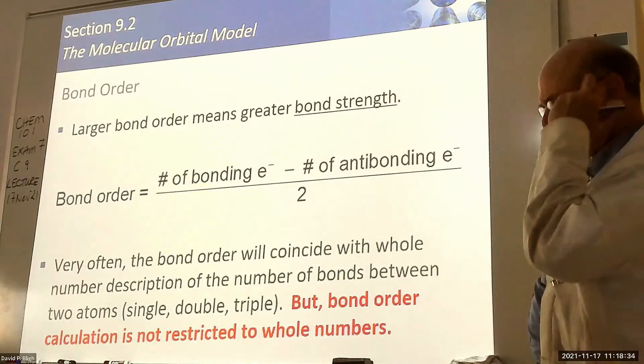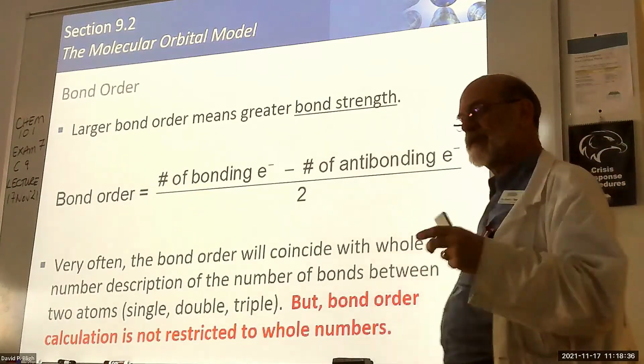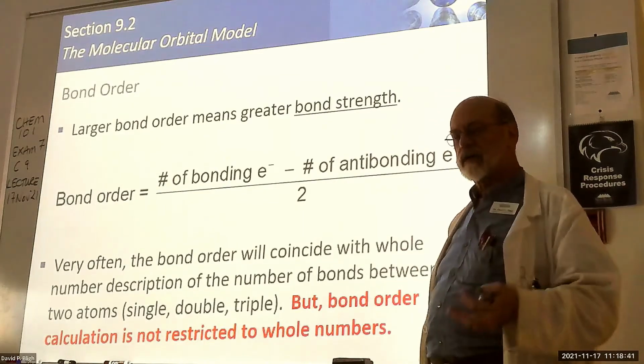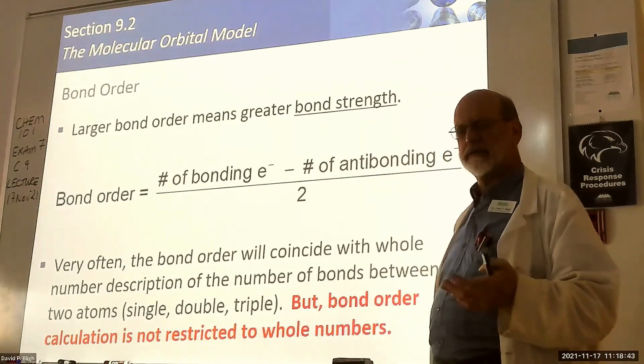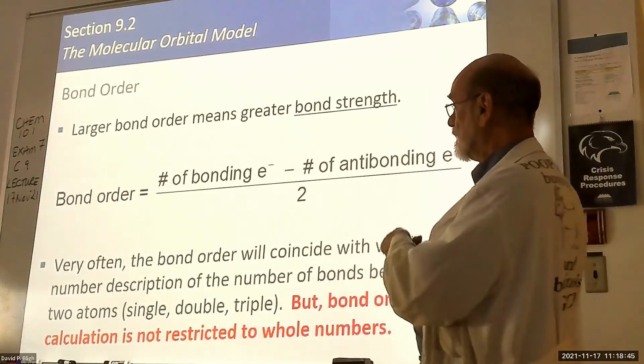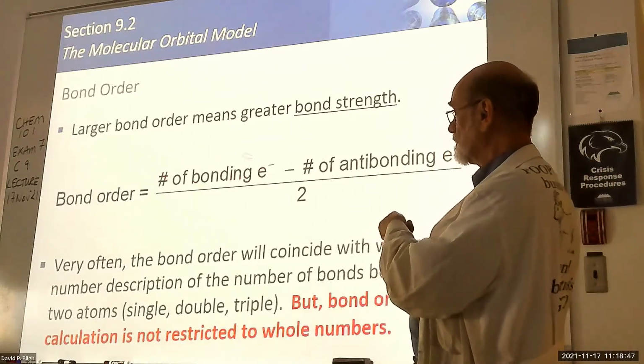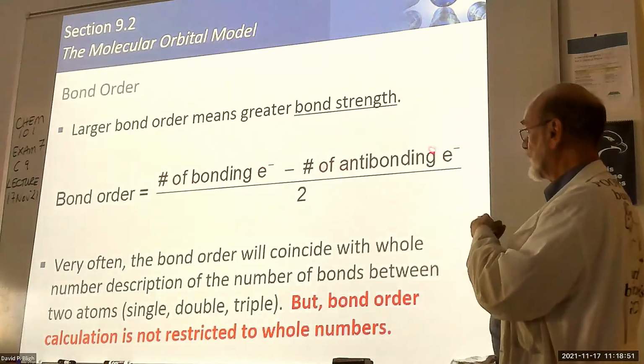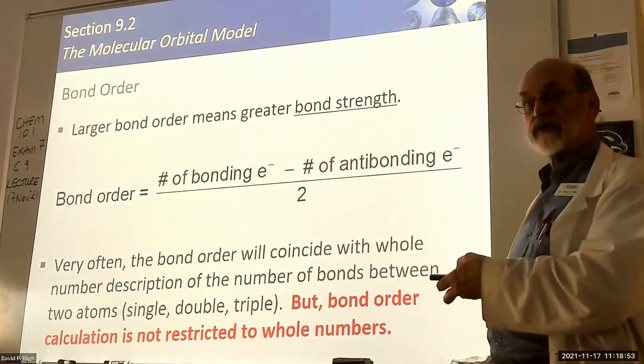Okay. Now, in that previous example where we have hydrogen, we can do a calculation called bond order. Bond order is simply the number of bonding electrons, those that are in bonding orbitals, minus those that are in anti-bonding orbitals, divided by 2.